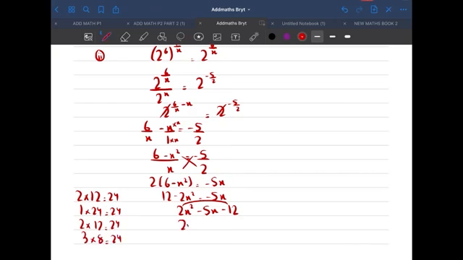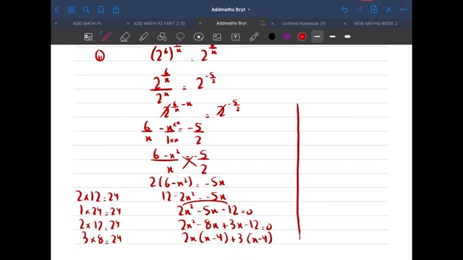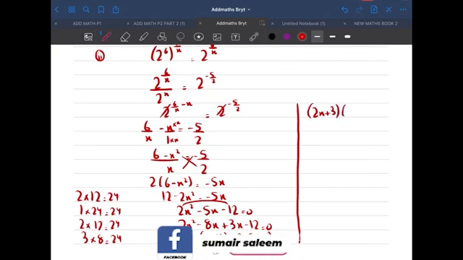I'm going to use 2x squared minus 8x plus 3x minus 12. Can I take 2x common, x minus 4? Can I take plus 3 common, x minus 4? So it's going to become 2x plus 3 and x minus 4 is equal to 0.